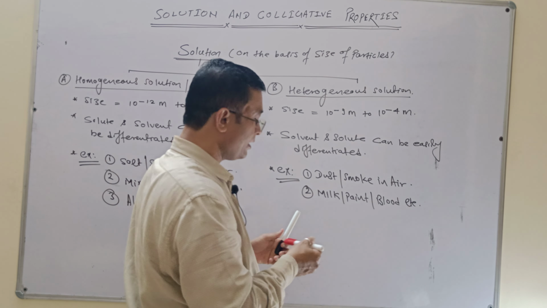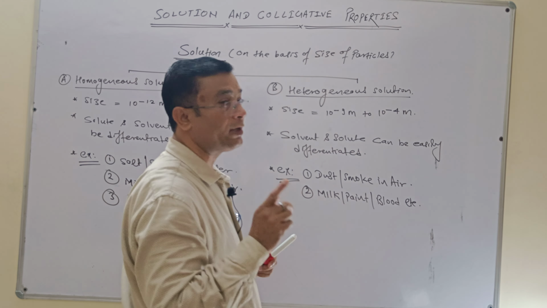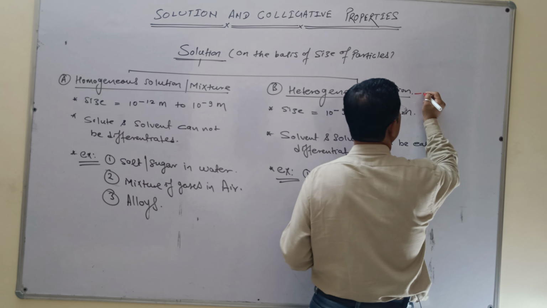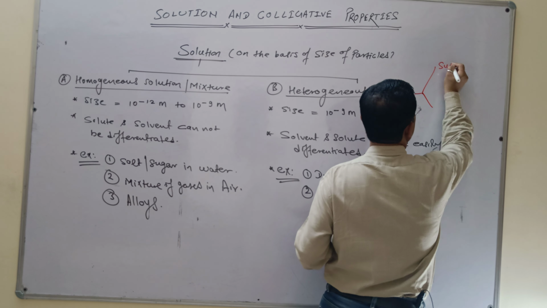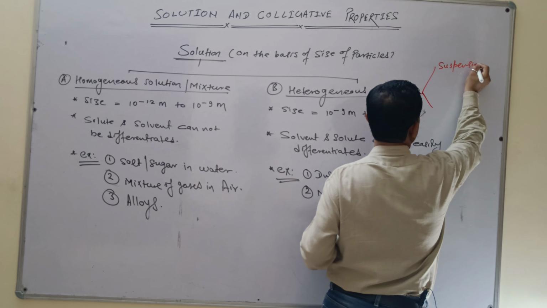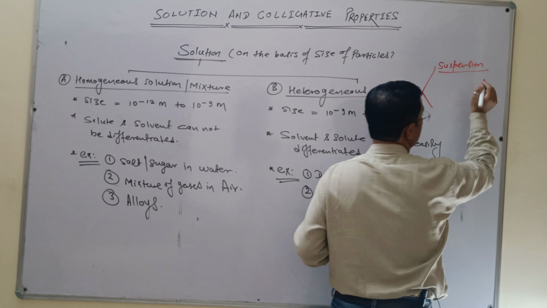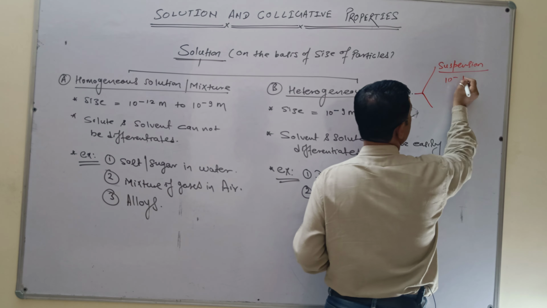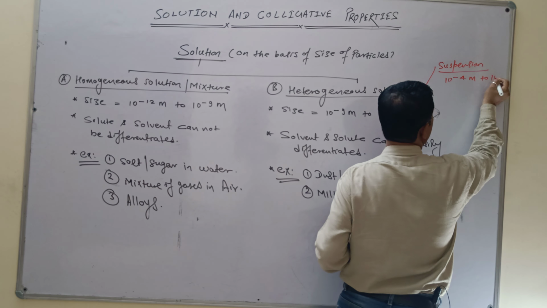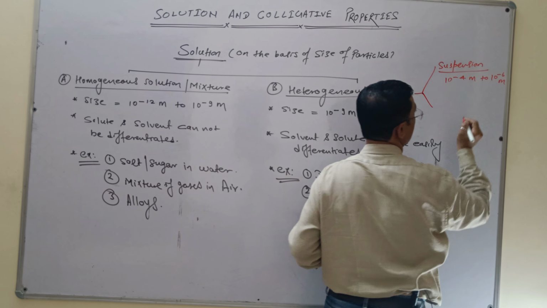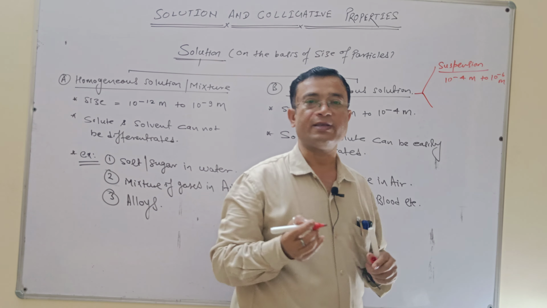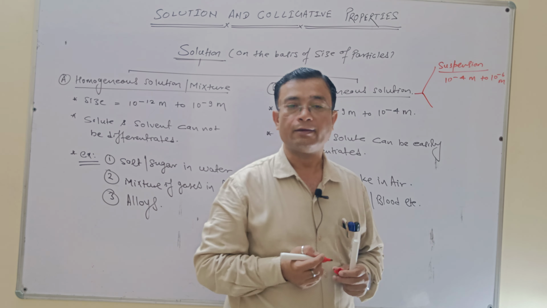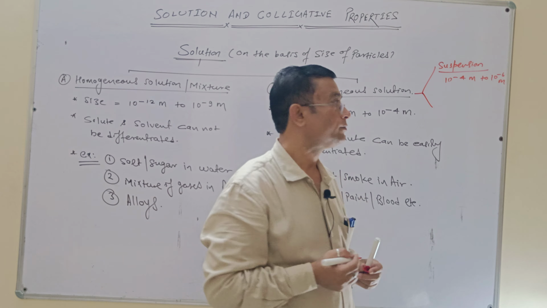Heterogeneous solution can be further classified into two categories. One category is called the suspension. Here, the size of particle ranges between 10 power minus 4 meter to 10 power minus 6 meter. What is an example of suspension? Like dust or clay in water.